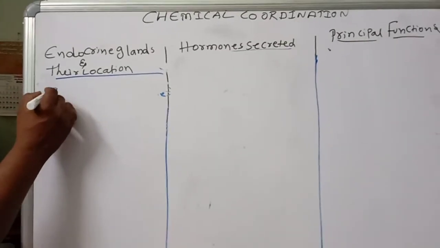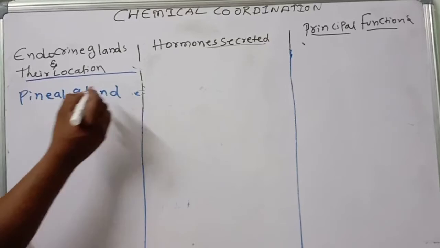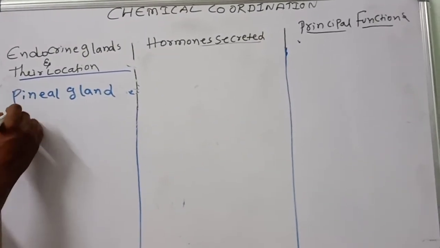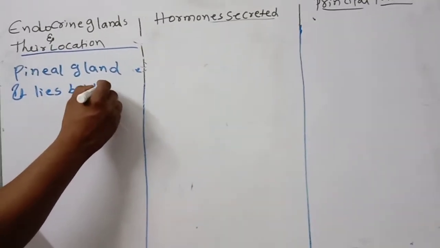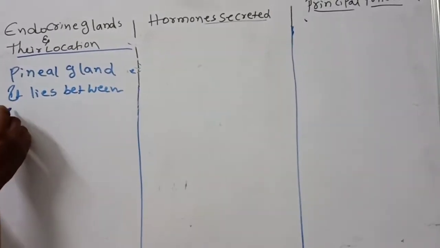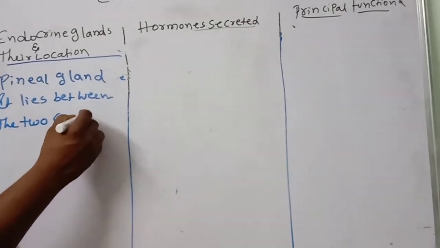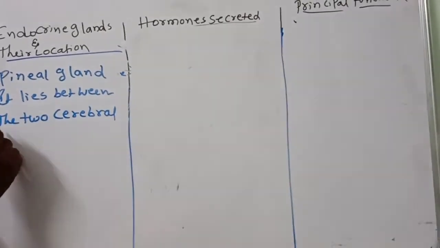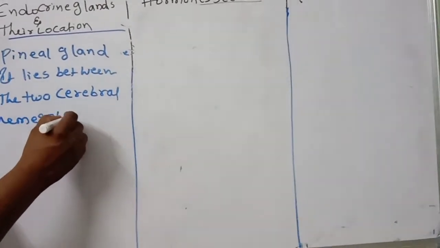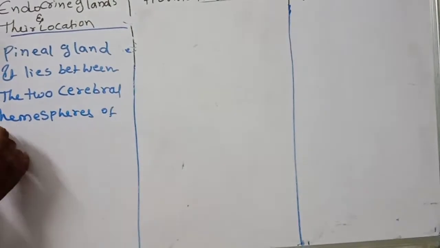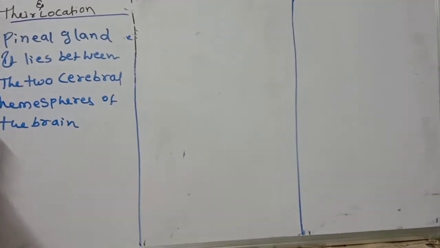The pineal gland lies between the two cerebral hemispheres of the brain.